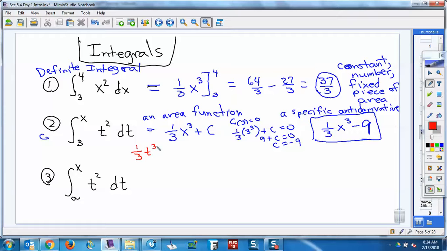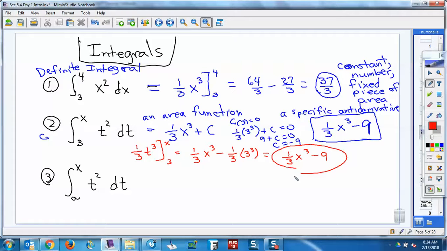I always find that some people like this a little better once we've learned the right bracket notation. You could say this is 1/3 t cubed from 3 to x. And now you plug in an x, so you get 1/3 x cubed, and then minus, and now plug in a 3. You get 1/3 3 cubed. And what is that? That's 1/3 x cubed minus 9. See how that's the same thing?